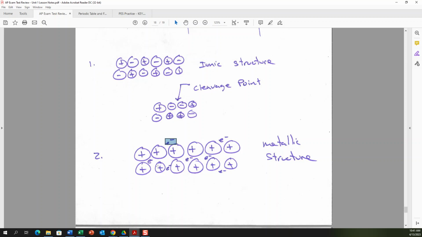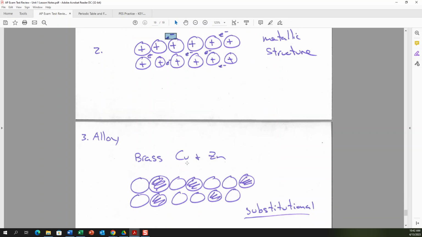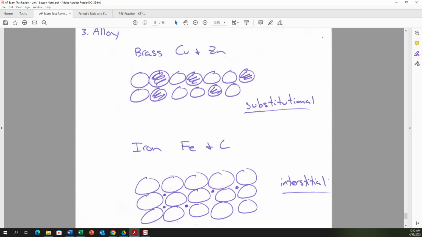That's trying to show you that metals have a sea of delocalized electrons that can go from one nucleus to another to another, and that's why metals are good conductors of electricity. Then you have things like alloys.